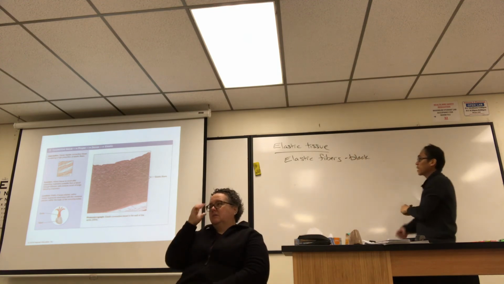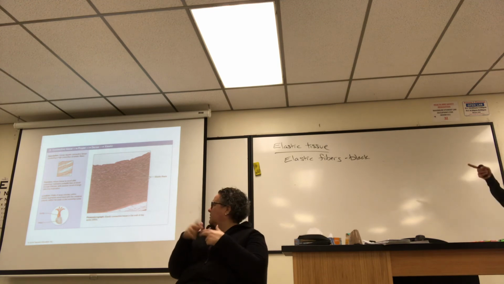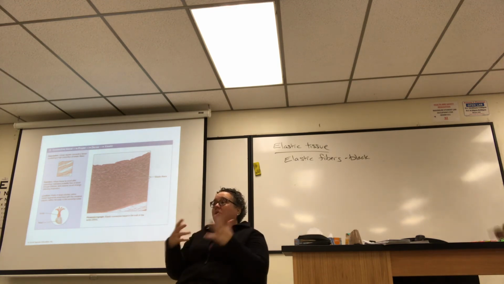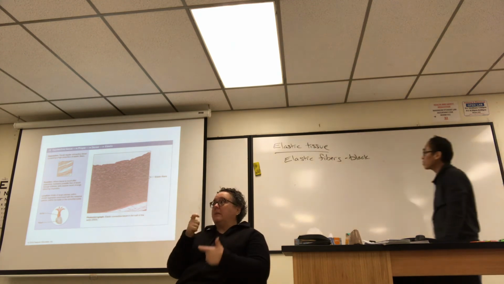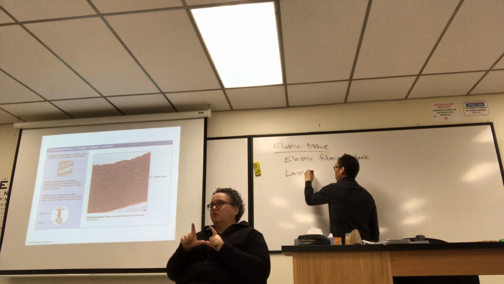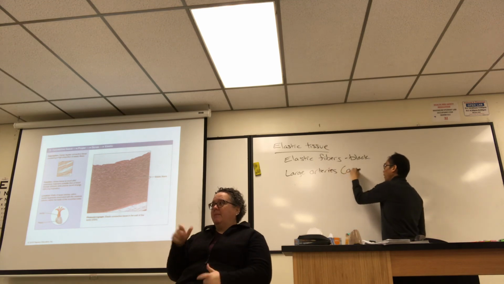They stay black. Let me turn off the slides. I'll turn off the lights, but the example here is the vessel wall. That's aorta, actually. That's a large artery. It's a good location. Large arteries, the biggest one being aorta.